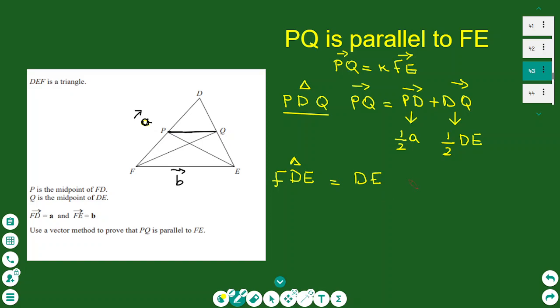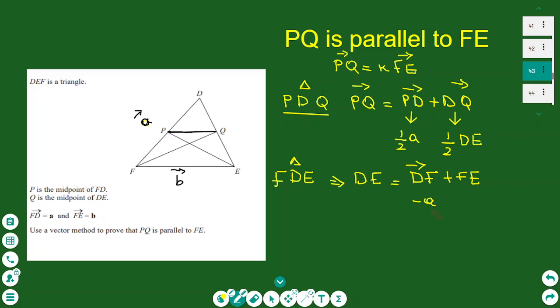The DE is equal to the DF plus the FE. And we know that the FD is A, so then DF, because it goes in the opposite direction, I make it minus A.